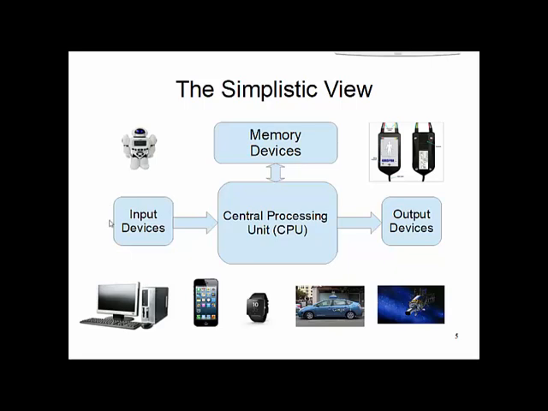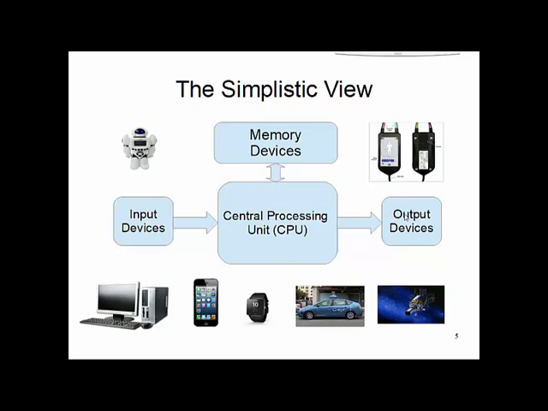All of them have some input devices in some form, like keyboard, mouse, touchpad, sensors, etc. They have output devices, where all the processing and data manipulation is ultimately manifested as an output.